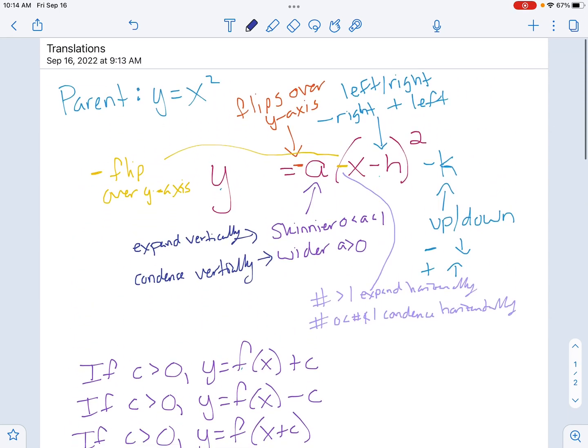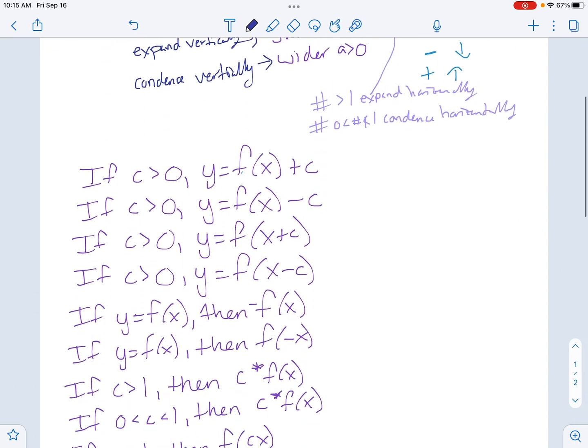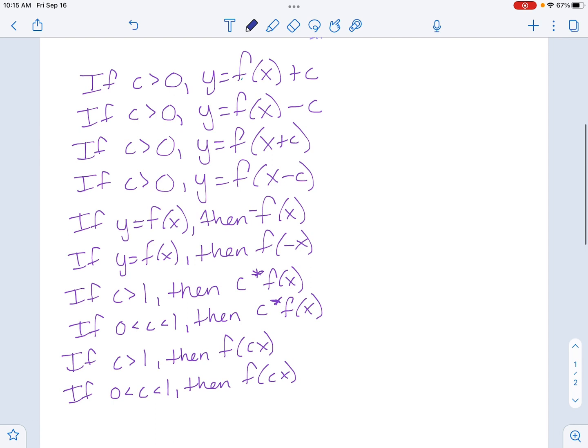Okay. Now, as you go through the notes, I do want you to fill these out because this is kind of how you're going to see it in pre-cal. In Algebra 2 and Algebra 1, a lot of times we just give you the equation, tell you what the different numbers do to it, and let's rock and roll. But you need to start getting used to writing them a lot more formally. So all of these are the same shifts, they're just written a little bit differently.